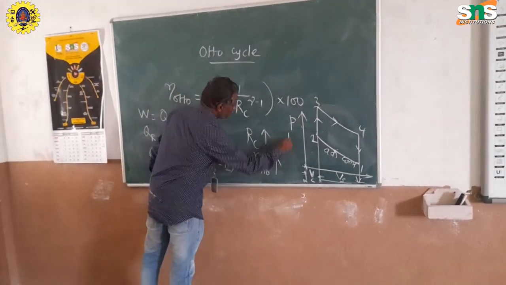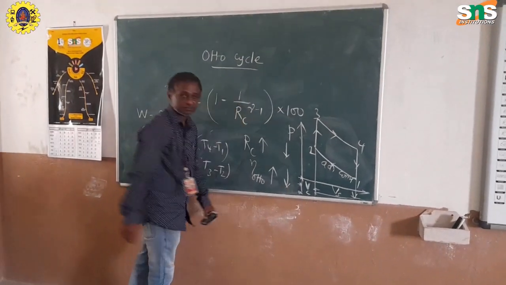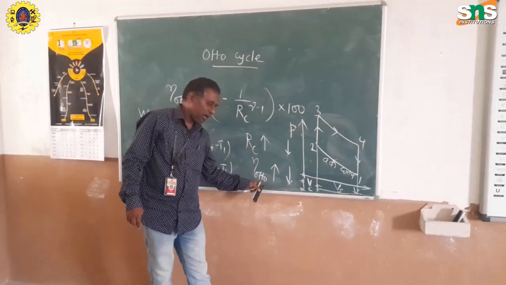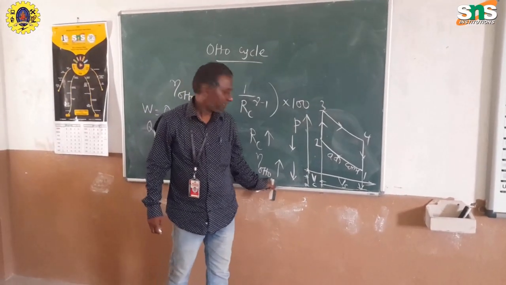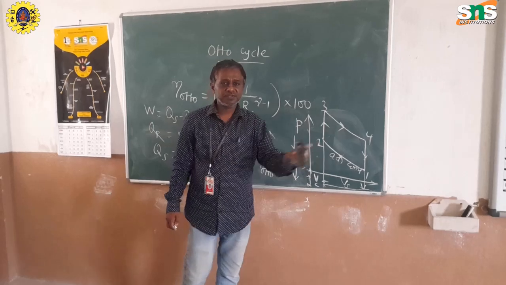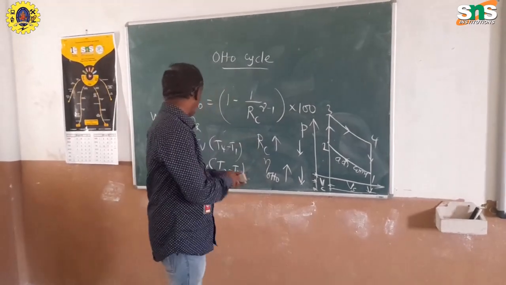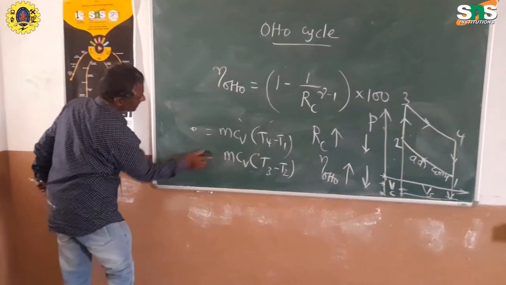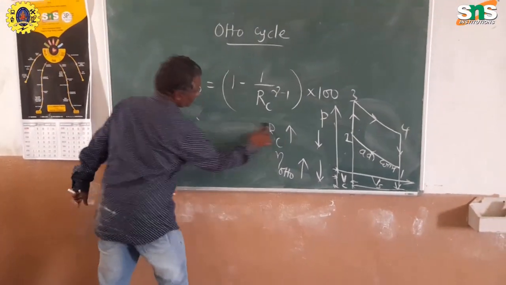If the compression ratio decreases, the Otto cycle efficiency also decreases. First, we should look at what compression ratio means. That is what we are going to discuss in today's class.